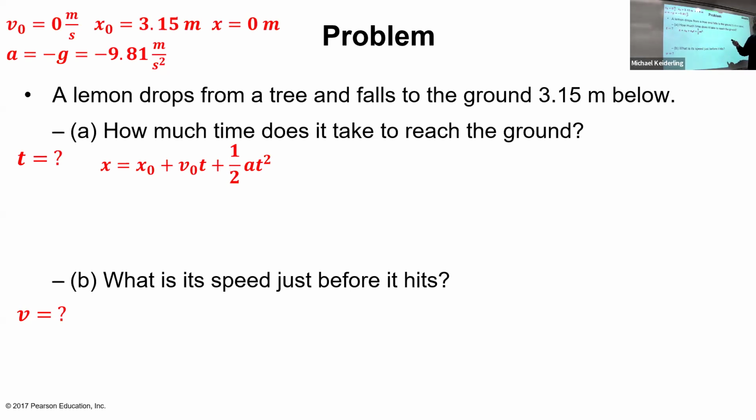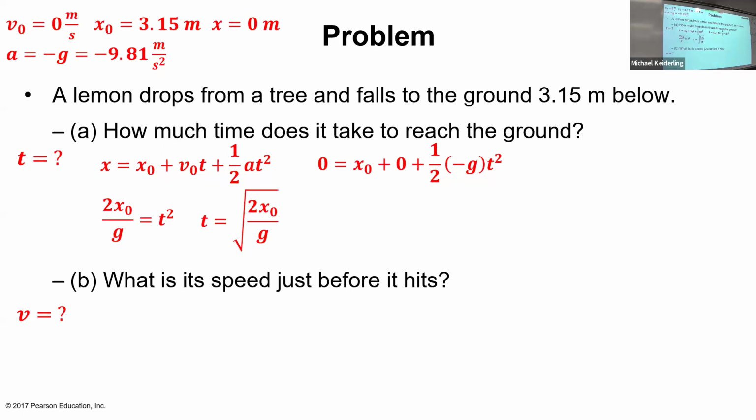So we can plug in our numbers. 0 equals x naught plus 0 times t plus 1/2 minus g t squared. This is sort of the general case for any dropped object, how long it takes to hit the ground from some arbitrary height. So 2 times x naught over g is t squared. So t is going to be the square root of 2 times x naught over g.